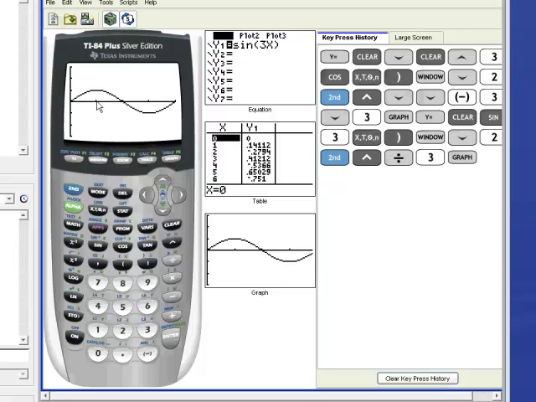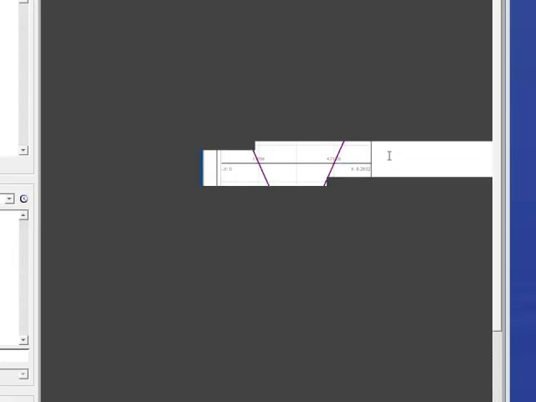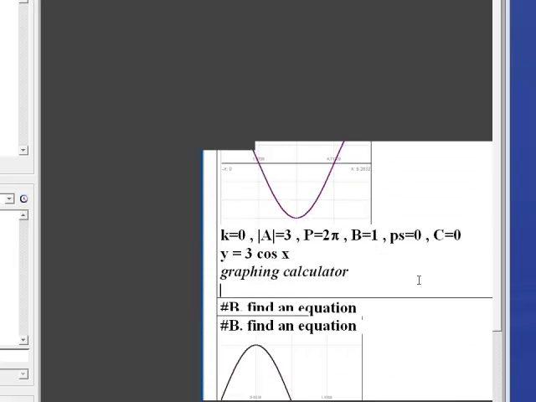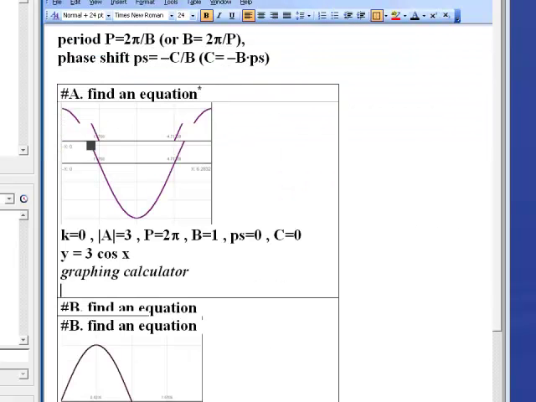As you can see, since I use increments of 30 degrees, it goes to 120 degrees, which is 2 pi over 3. Okay, I'm going to go back to the problem section, and let's see if I was able to take along one of the graphs. Yep, there it is. So the first one looks just the same, and the second one I will paste in at a later time.